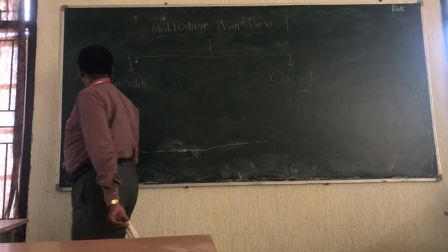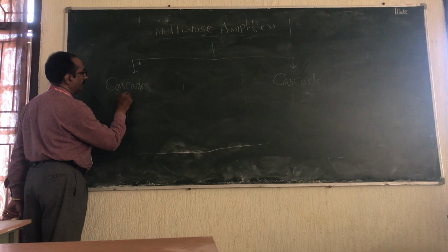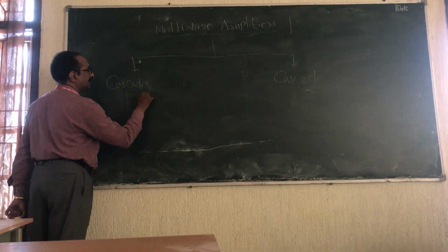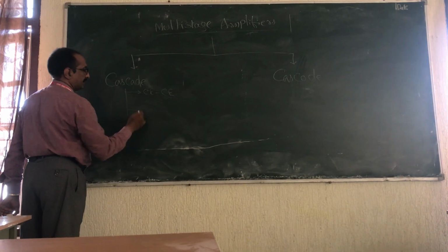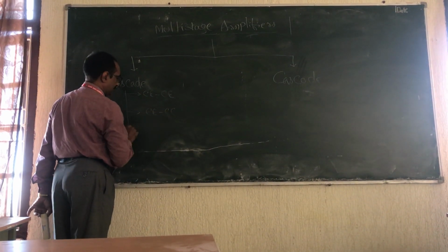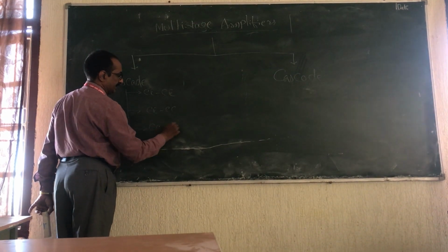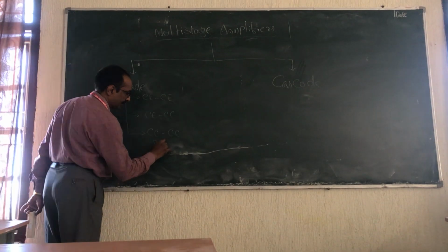Among this cascade, we are having three types. The first one is CEC, second one is CECC, and third one is CCCC, and this is also called Darlington pair.